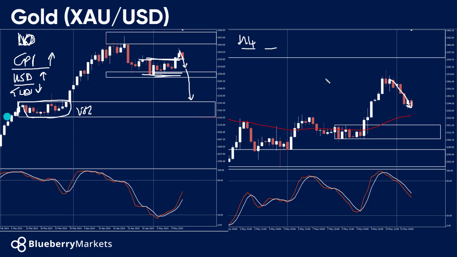So that tells me gold is not necessarily being impacted by the weakness in the US dollar, but maybe more by the risk in the market. The US dollar index and gold are not really correlated right now, and that can happen from time to time depending on situations within the market.